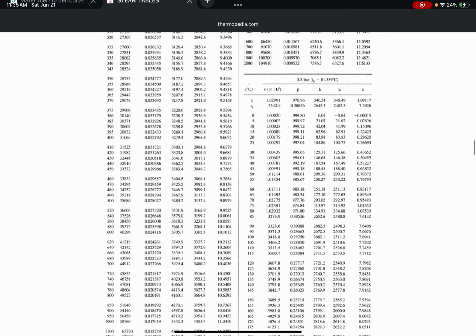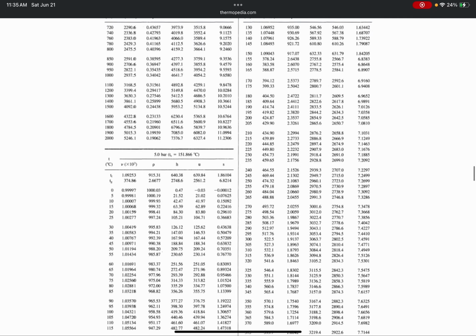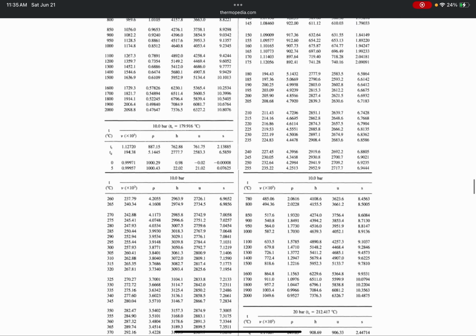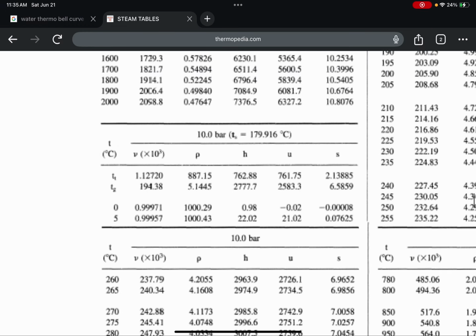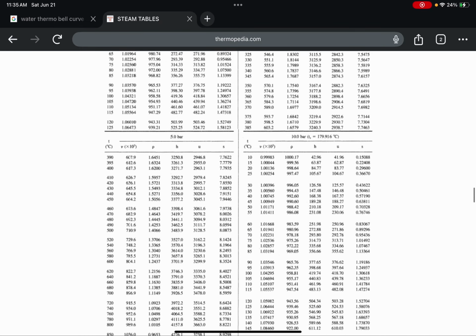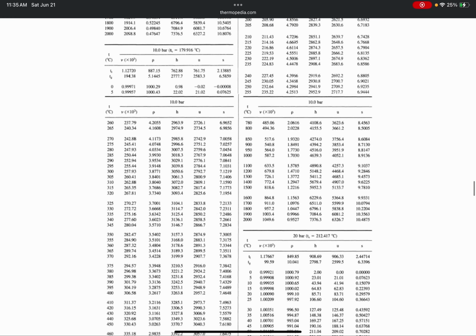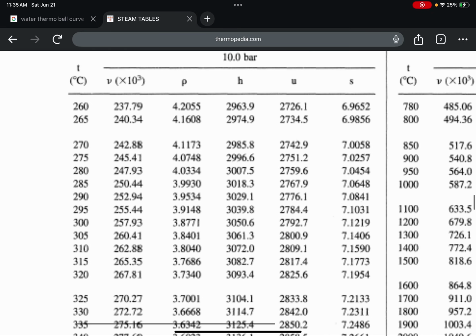I said 10 bar, so let's go to the 10 bar table. 1 bar, 2 bar, 5 bar, 10 bar. And we're at 300 Celsius, 10 bar, 300 Celsius.